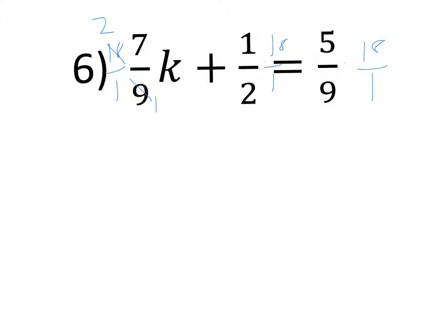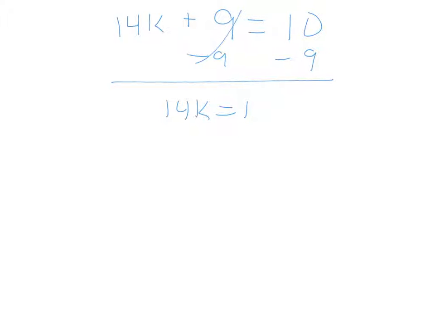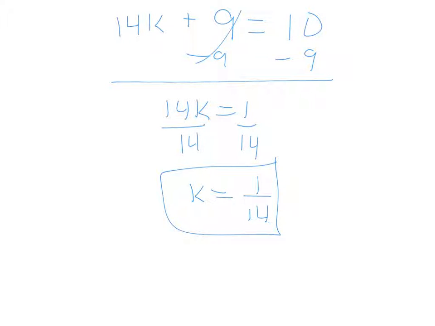So 2 times 7 is 14k, plus, this will go to 1 and 9, so plus 9 equals, cross cancel this, 5 times 2 is 10. Subtract the 9 over to the other side. So 14k equals 1. Now divide by 14 on both sides, and k equals 1/14. And that's your final answer.